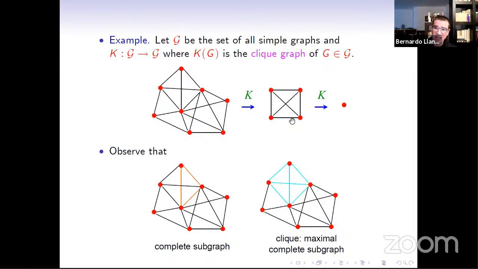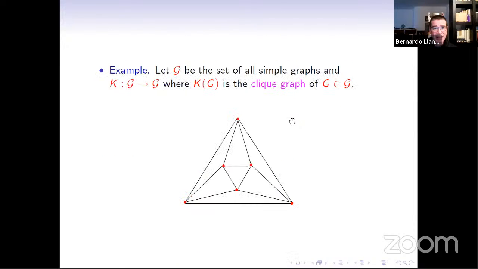We have a lot of results and problems. And I give you a very famous example, because this is almost the beginning of the study of convergence problems, which I will mention later. This is the very famous octahedron graph. You pick the octahedron in 3 dimensions, and then you draw a planar representation of this graph.